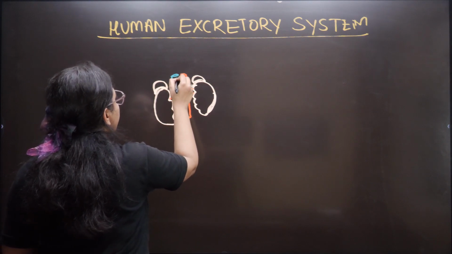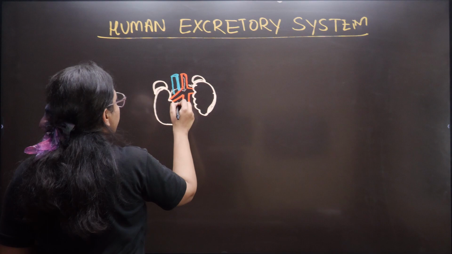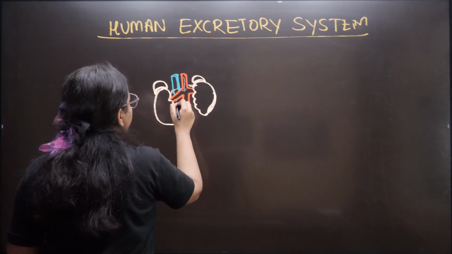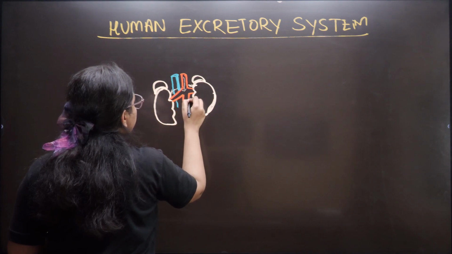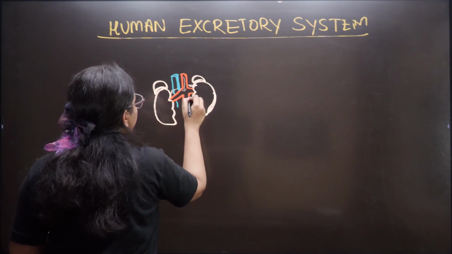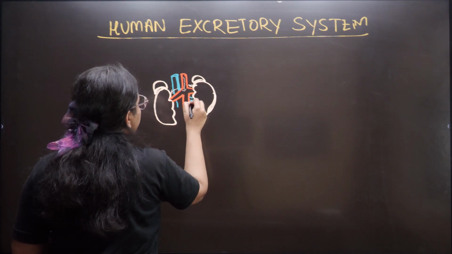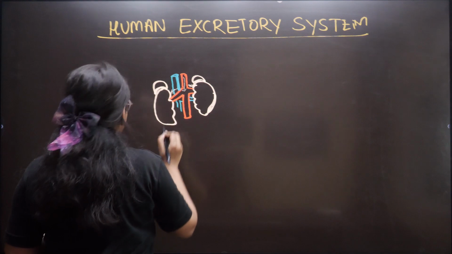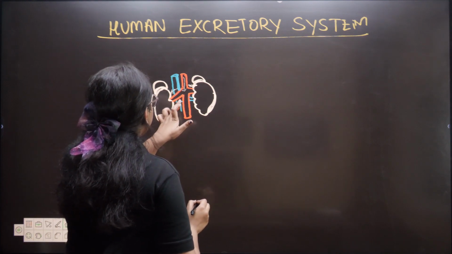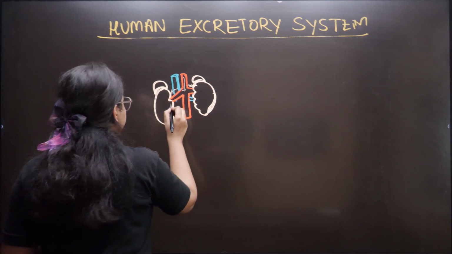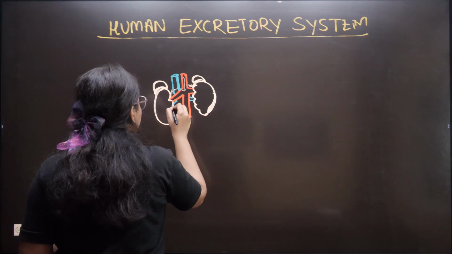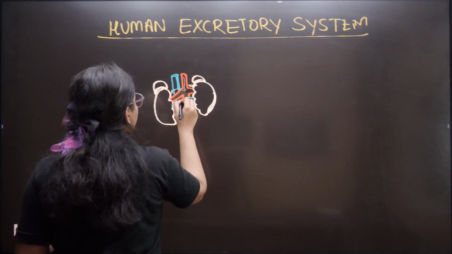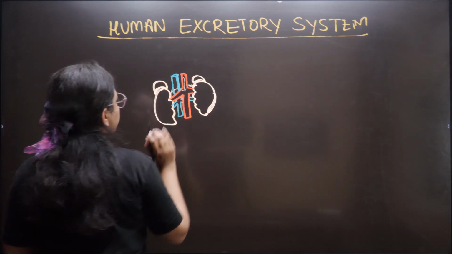So next is the inferior vena cava, and it will be here, somehow like this, and then this way, somehow like this.